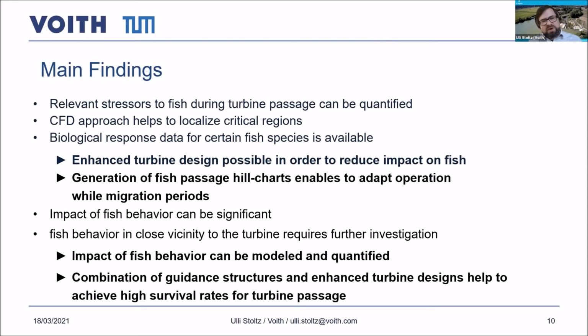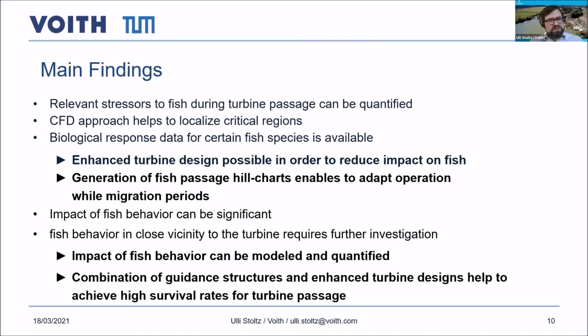But it's possible now to make a turbine design using this information to reduce the impact on the fish. And you can also do this with a relatively manageable effort, depending on how complicated the modeling is made. Also, we now have the capability to make a hill chart, not only looking at the power of the machine, but also looking at what it does to the fish.